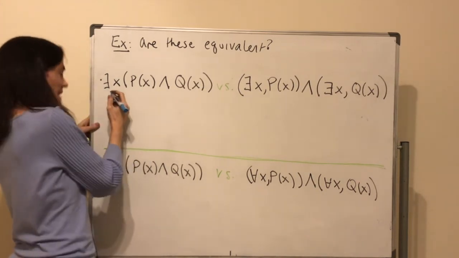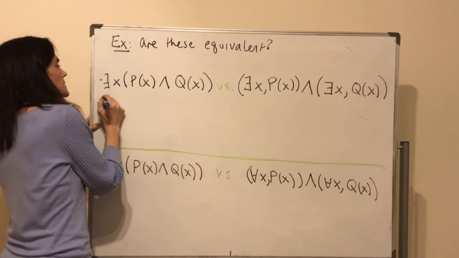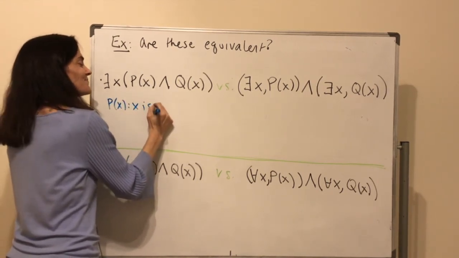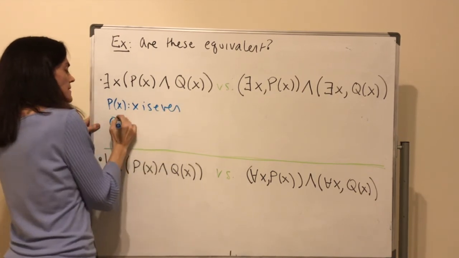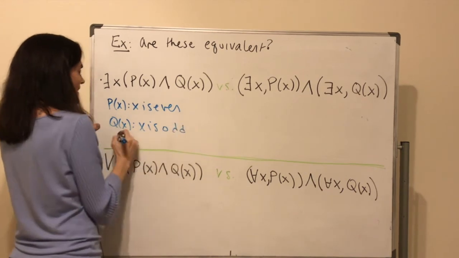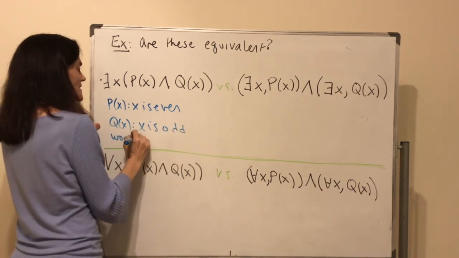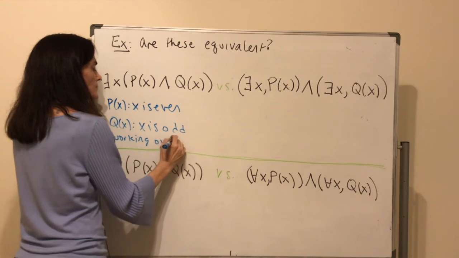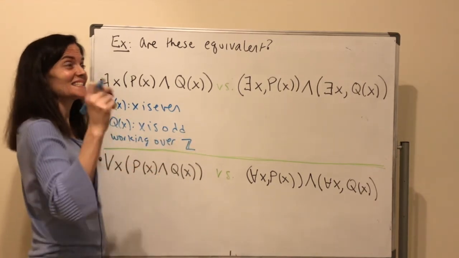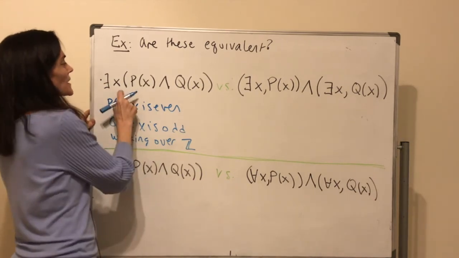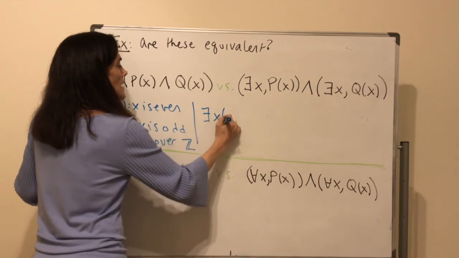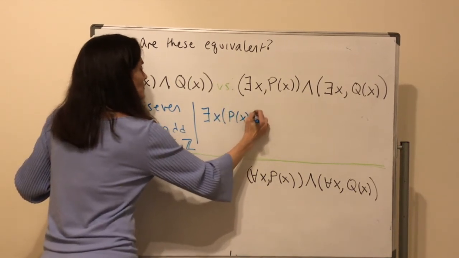So let's work over the integers and let's look at P of x to be x is even, and Q of x to be the statement that x is odd. We are working over the integers, meaning if I say there exists, I mean there exists x in Z. Okay, so here, on the left-hand side, there exists an x so that both of these are true.